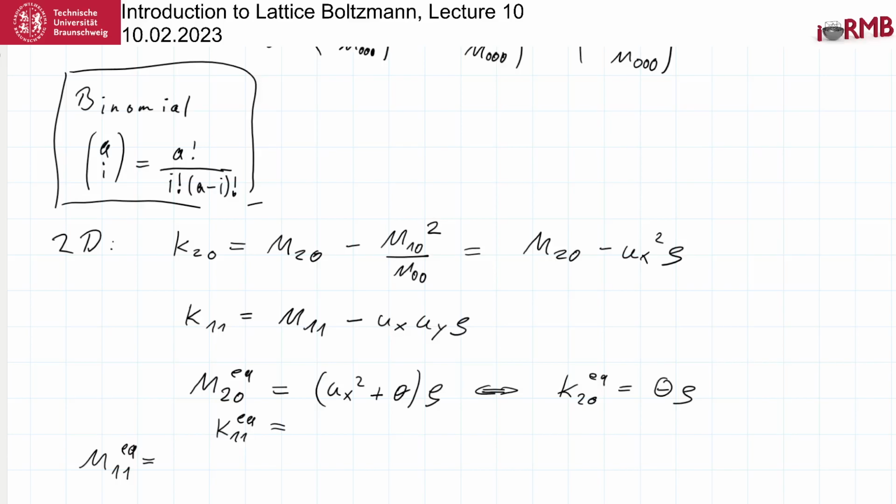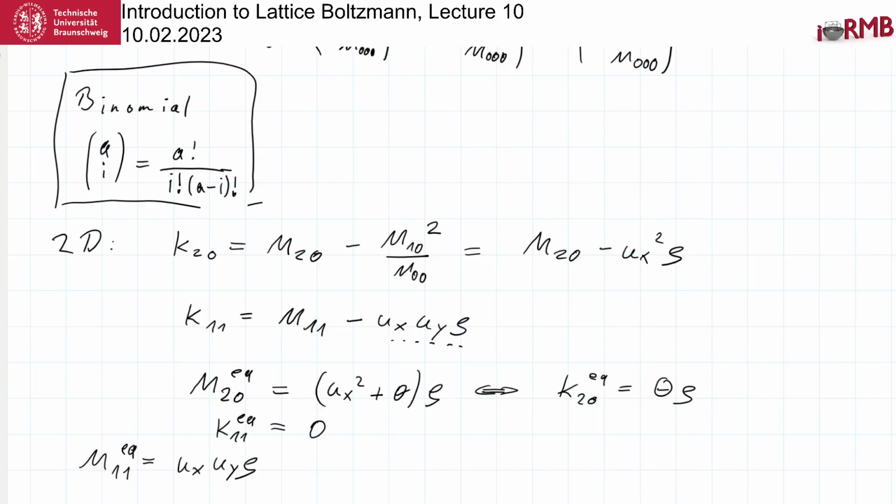It is ux uy times rho. And then what is K11 equilibrium? It is M11 equilibrium minus this, and so it's zero.